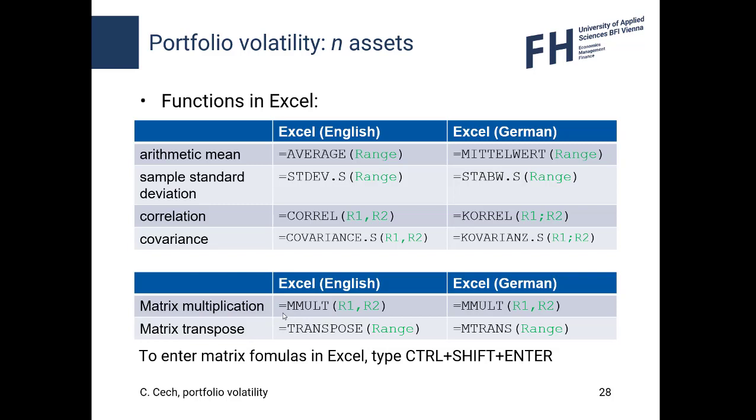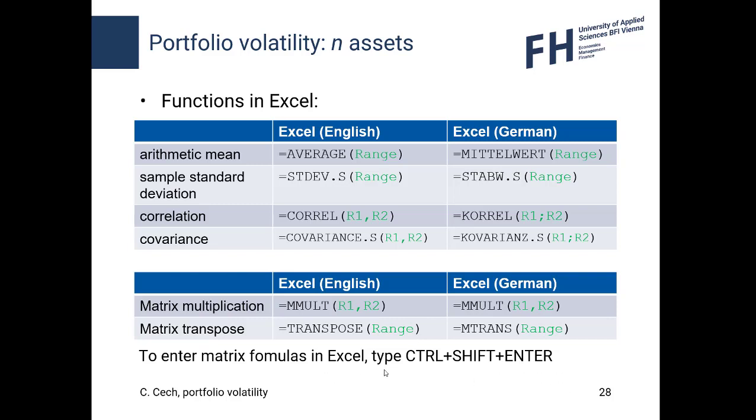For matrix multiplication, use the function mmult, like matrix multiplication. The first argument is the first matrix, the second argument is the second matrix. And for the matrix transpose, simply type transpose and then enter the range of the matrix that you want to transpose.